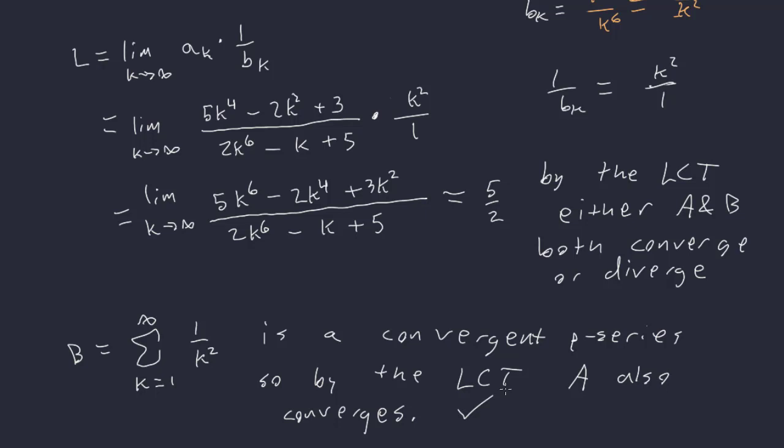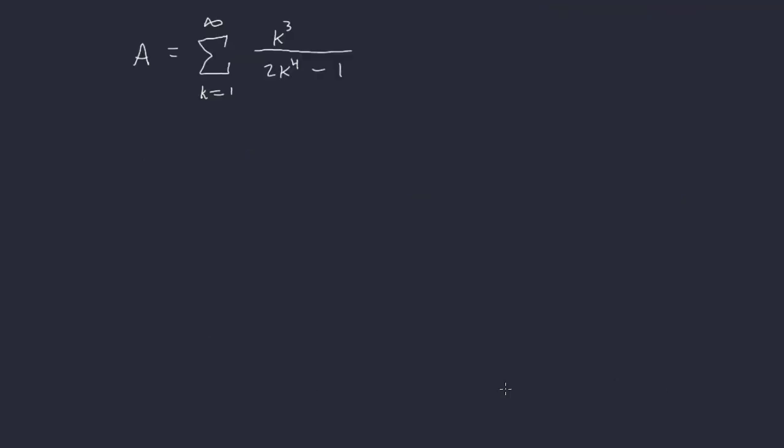Okay, so let's look at another example, and hopefully it'll start to fit together a little better the more we do this. All right, remember this series? This is the other one we did with the direct comparison test. I just want to show that we could actually use the limit comparison test on this instead.